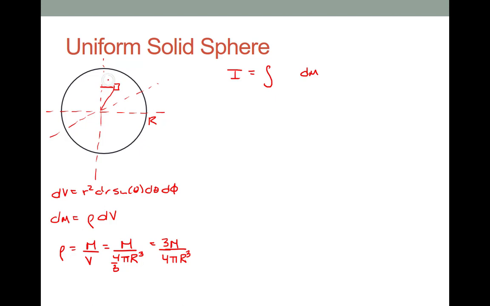I'm going to let that be a. Okay, so this is going to be the integral of a squared dm. Just to distinguish between r, which is going to be something I integrate over, and what is meant by this formula. Again, what goes in here is the distance from axis to that little dm, from the axis over to dm.